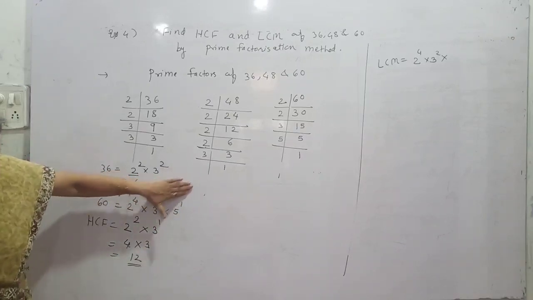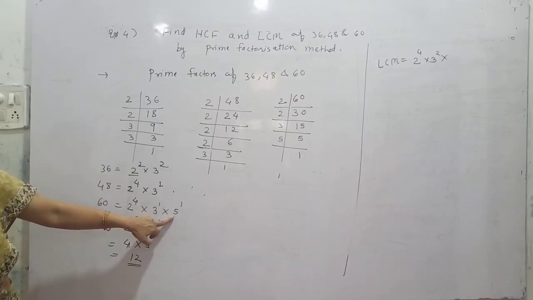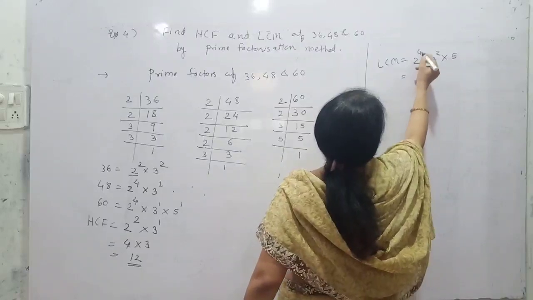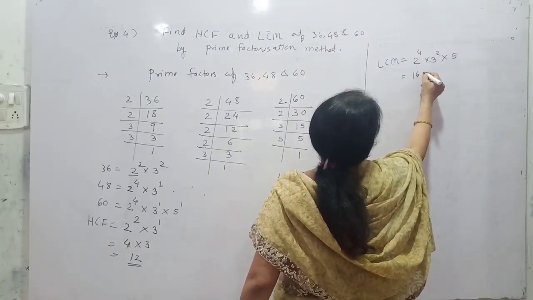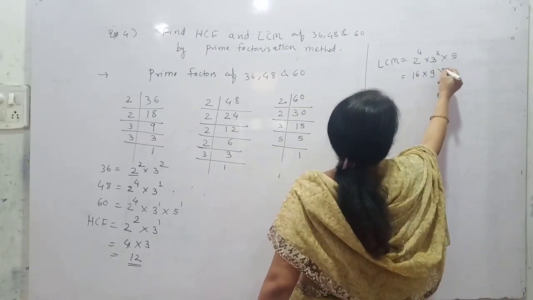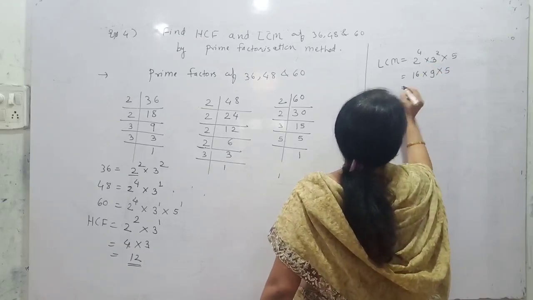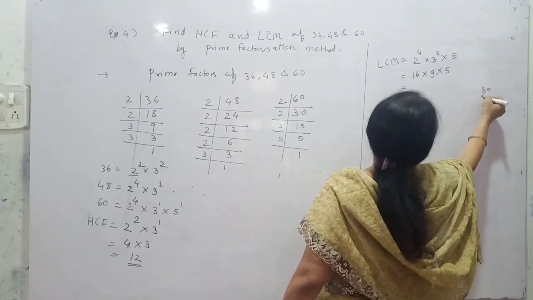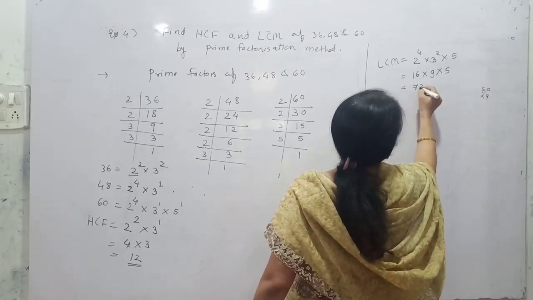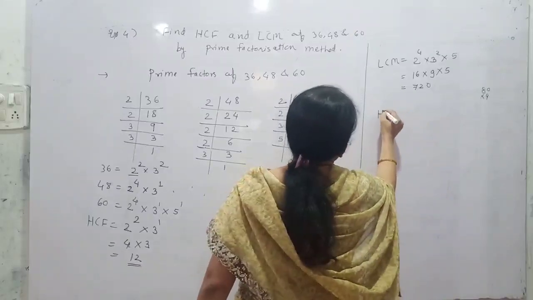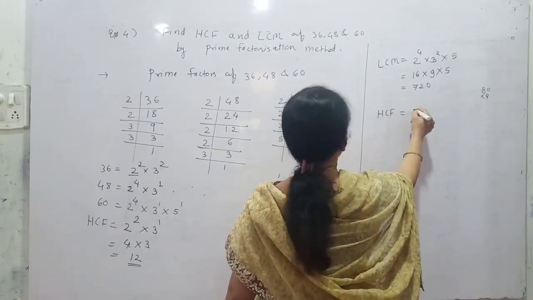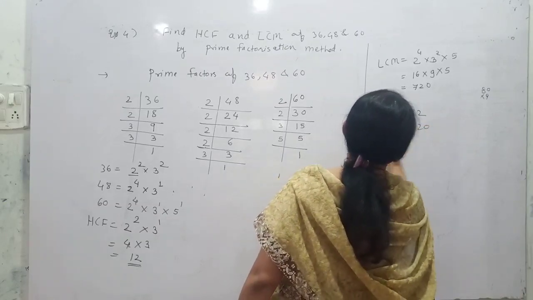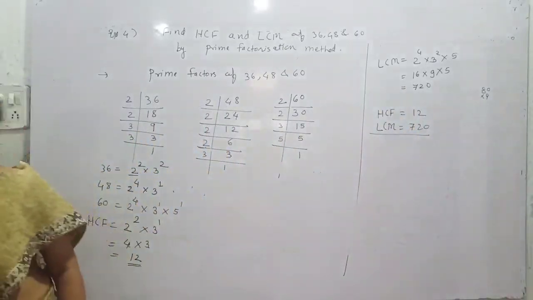So greatest index of 5 is 1. Means 2 raised to 4 is 16, 3 square is 9, into 5. Now multiply this: 16 5s are 80, 80 into 9, 9 8s are 72, 0. So HCF is equal to 12 and LCM is equal to 720.